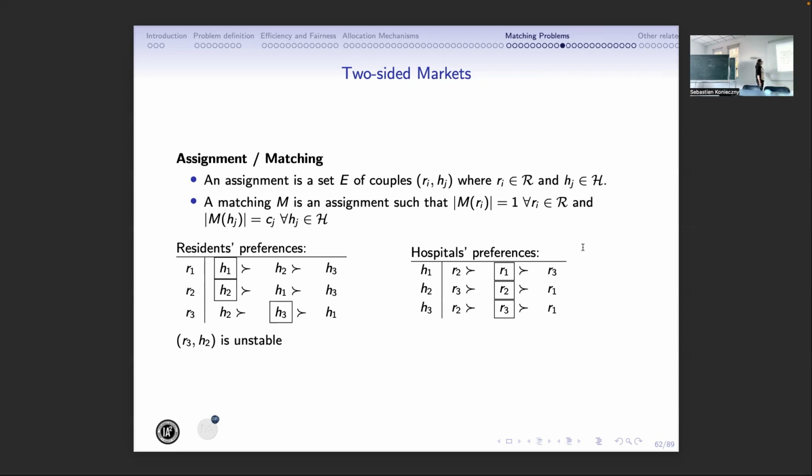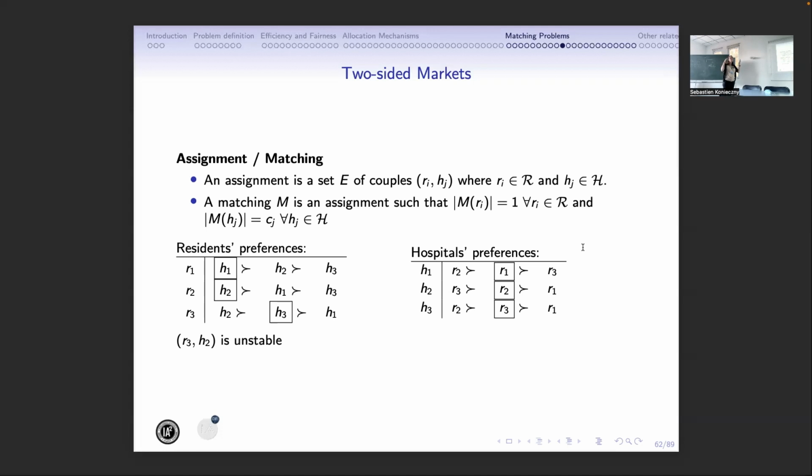In such a problem, the first requirement about the solution is that the solution is stable. In fact, the solution is stable if there is no pair of agents who prefer to be together than being with their current assignment.